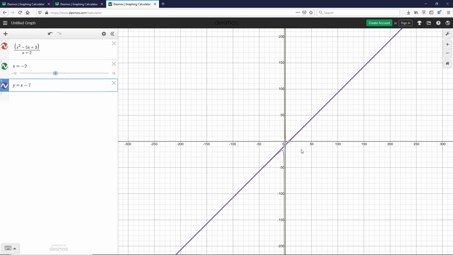This is what is known as, some books call it a slant asymptote, some books call it an oblique asymptote. But again, the way you would write the equation of these non-vertical and non-horizontal lines is, one way is y equals mx plus b, where m is the slope of the line and b is the y-intercept of the line.